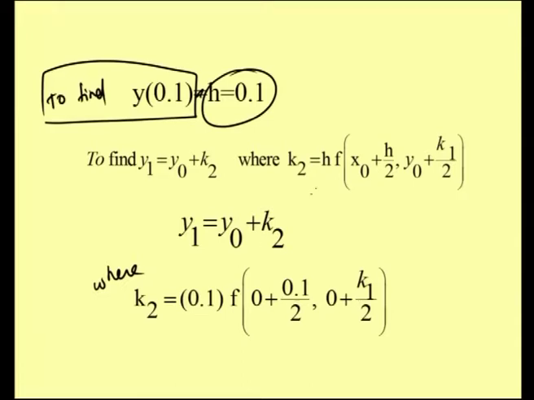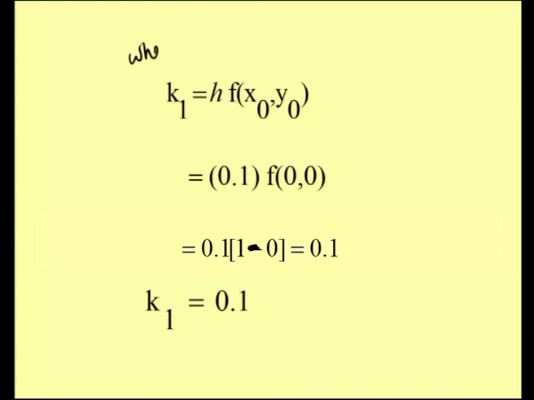Here k1 is equal to h into f of x naught comma y naught, where h is 0.1, x naught is 0, y naught is 0, and f of x comma y is 1 minus y. Therefore, this is 0.1 into 1 minus 0, which is 0.1.